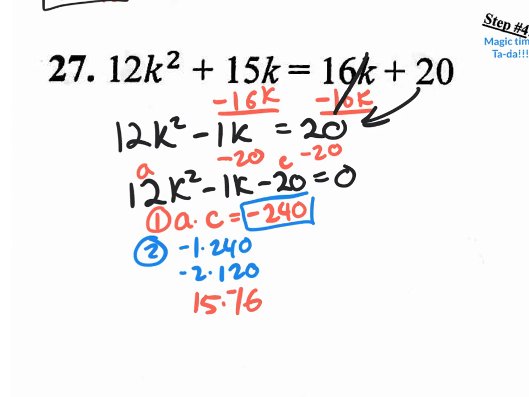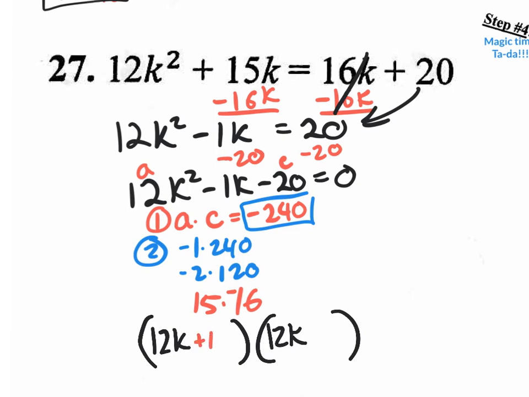So instead of going through my long list, I just started with the calculator, plugging in numbers that are consecutive with each other. So 15 times 16 gave us 240, and we decided that 16 has to be negative. So then we jump to our factored form format, AX, which in this case is 12K. We take those numbers, the plus 15, put it there, the minus 16, put it there.